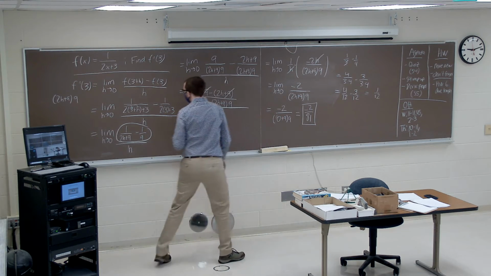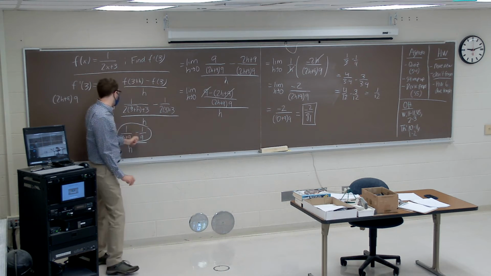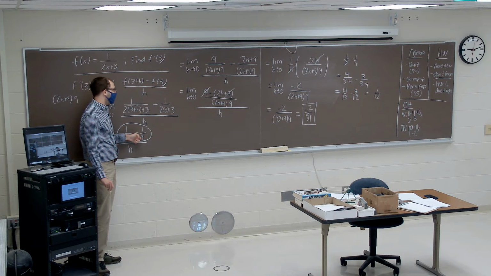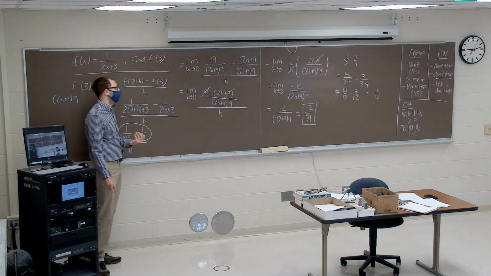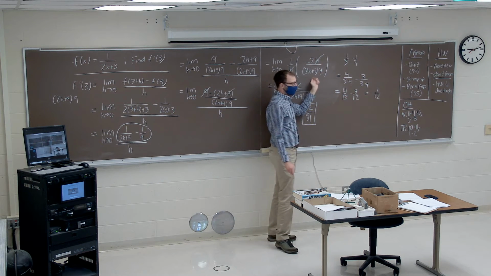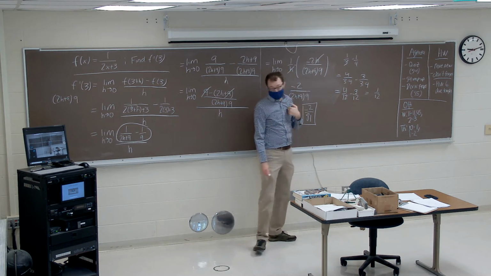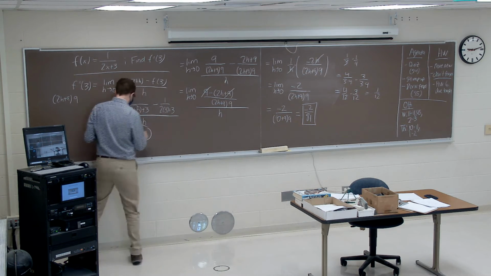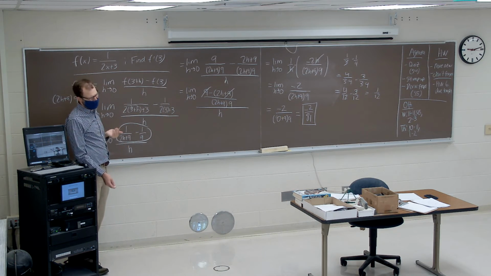And then to simplify 1 over 2h plus 9 minus 1/9, we had to combine these two fractions into a single fraction, which became the negative 2h over 2h plus 9 times 9 term. We combined these by finding a common denominator.